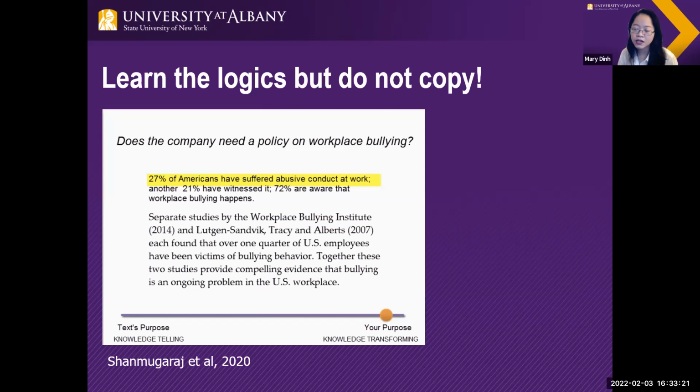In academic writing, more than paraphrasing, it's like synthesizing, comparing and contrasting. What counts here is not only paraphrasing and summarizing, but also synthesizing. For example, you can compare this with another study and say that, together, these two studies provide compelling evidence that bullying is an ongoing problem in the US workplace.